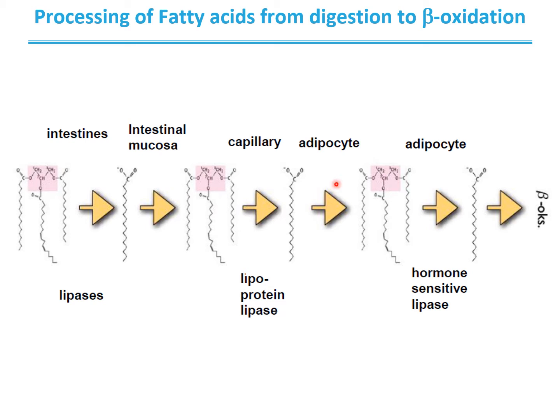These can be taken up by adipocytes for their storage as TAG, or under low glucose conditions, these can be mobilized and fatty acids can be released via the successive action of lipases that we've just looked at in the adipocytes. Release of fatty acids, these can then undergo beta oxidation in the muscles, for example, or in tissues that require energy.